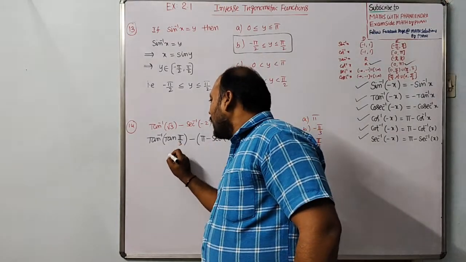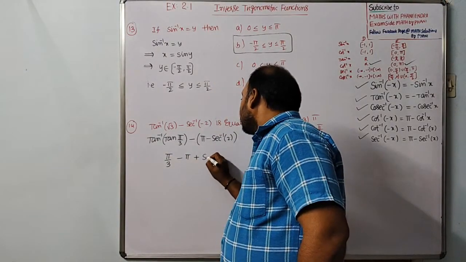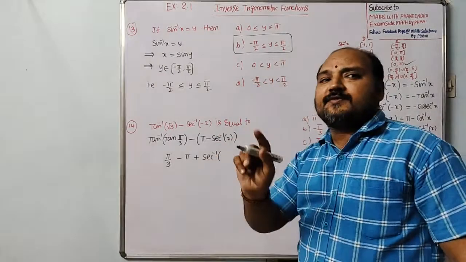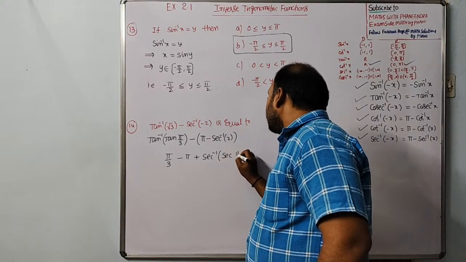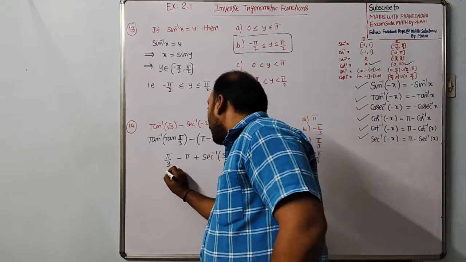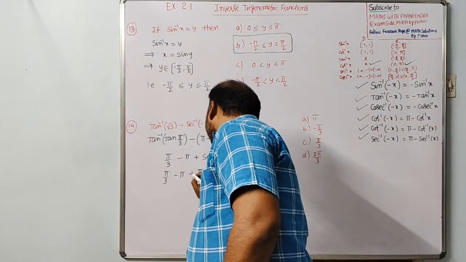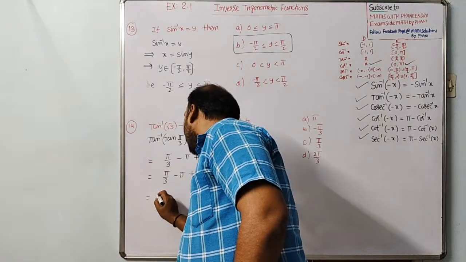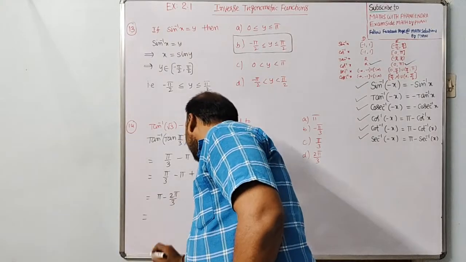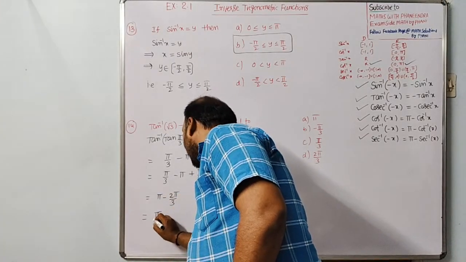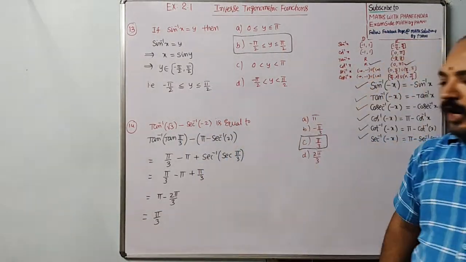So tan inverse of tan pi by 3 is pi by 3, minus pi plus secant inverse of 2. In terms of secant, secant 60 only it comes. Secant 60 means pi by 3. So pi by 3 minus pi plus pi by 3. Pi by 3 plus pi by 3, 2 pi by 3. So pi minus 2 pi by 3, which is equal to 3 pi minus 2 pi, so pi by 3. It is there in the third option, dear students. I hope everyone understands.